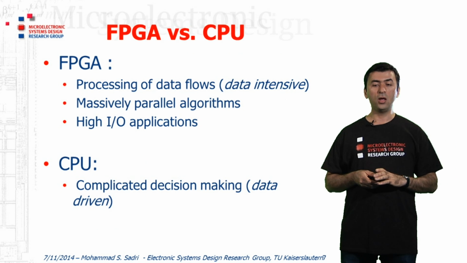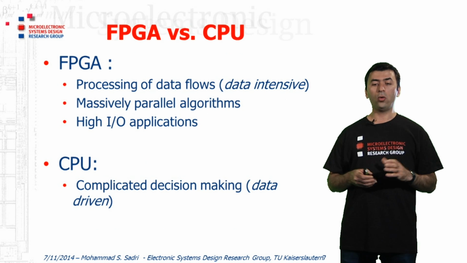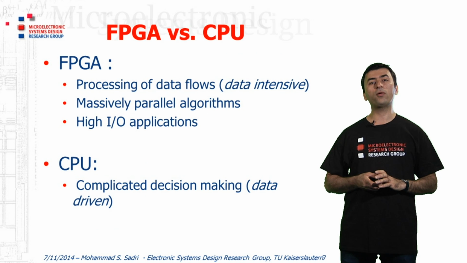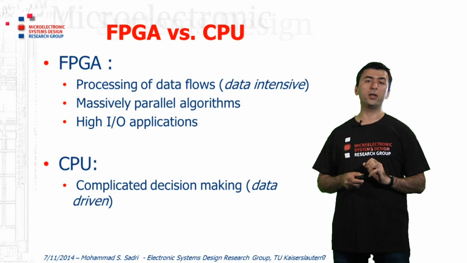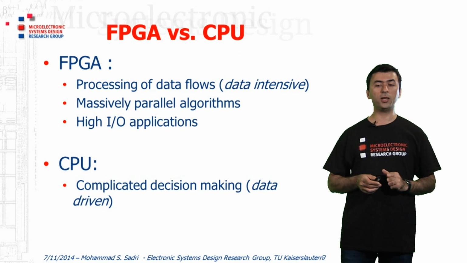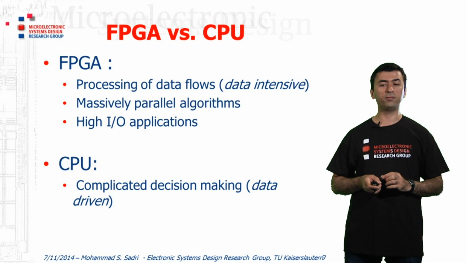So if you have algorithms which are massively parallel, or if you have applications in which you need a very large number of IOs, then FPGAs are really a nice choice. But for some applications, FPGAs don't fit the problem very well.